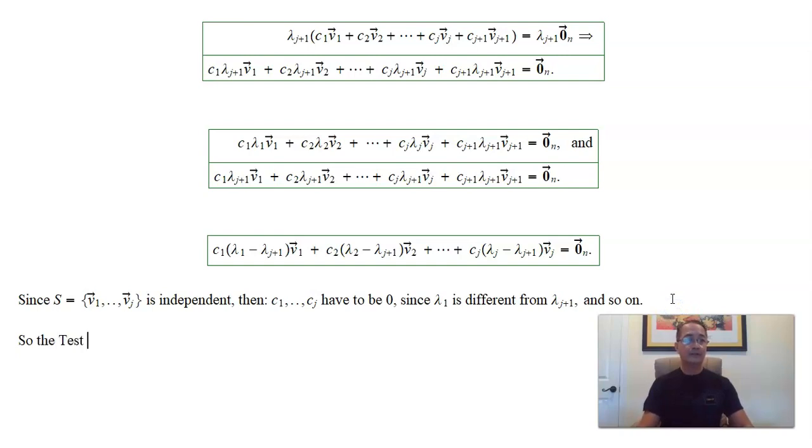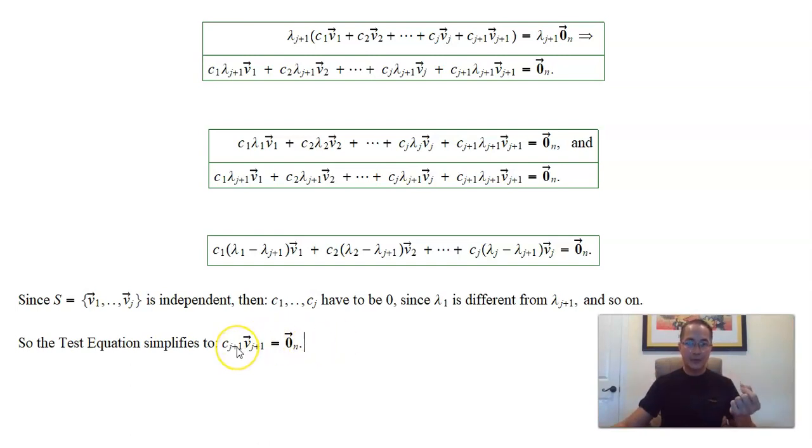So the test equation simplifies to the last vector times cj plus 1 has to be the 0 vector. Oh, wait a minute. When is a scalar times a vector equal to the 0 vector? Remember, we have the zero factors theorem for vectors.